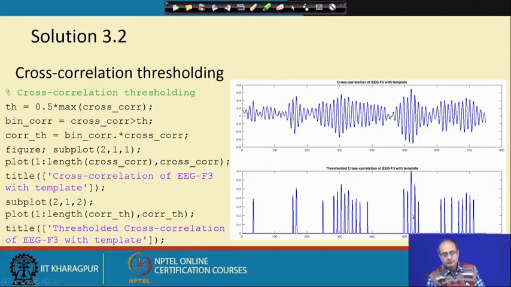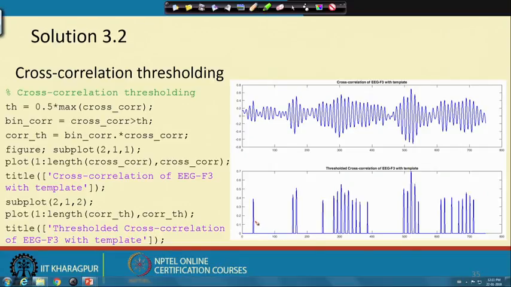So, in the right hand side we get that, and we see here only one peak was prominent in this part, here 2 peaks were prominent, here multiple of them were there, here also multiples are there above the threshold. And as we have thresholded, we are getting only the high values. When it is below, we have actually discarded the lower part.